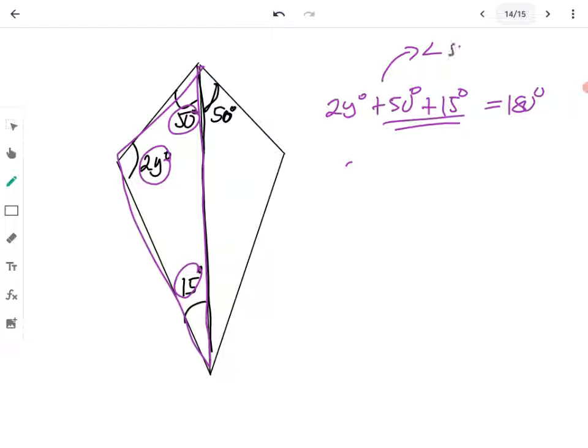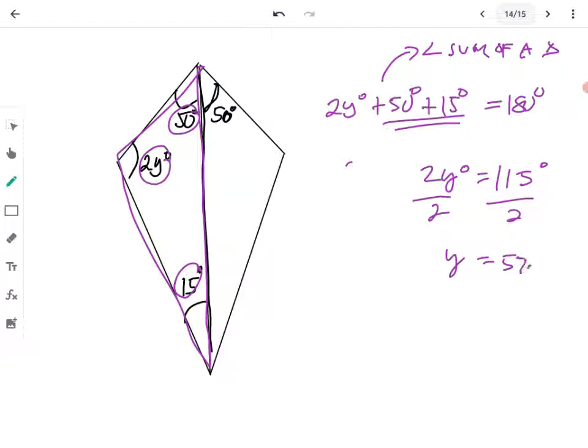Again, angle sum of the triangle. Subtracting 65 from both sides, it's 115. Dividing both sides, y equals 57.5 degrees, or simply 57.